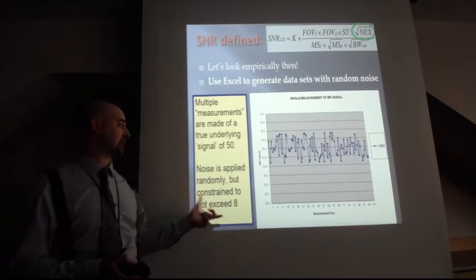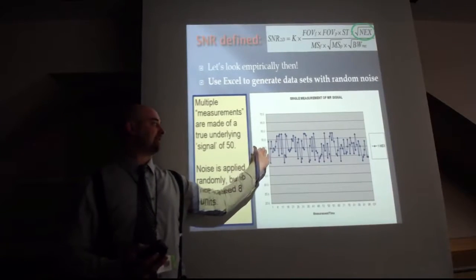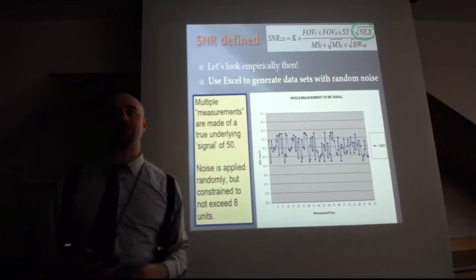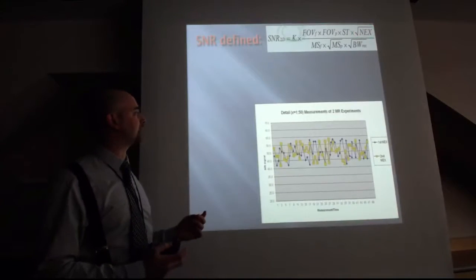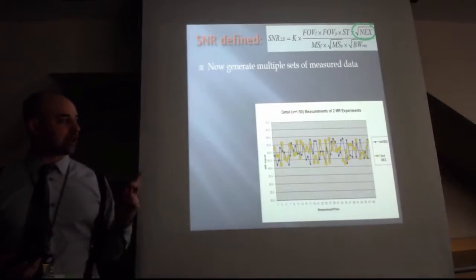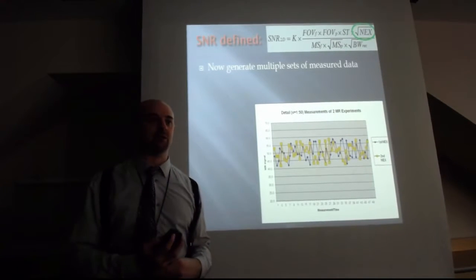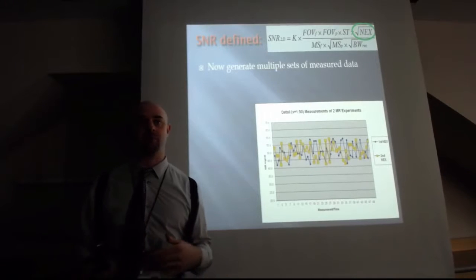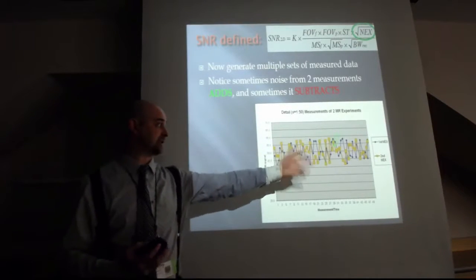We can constrain that so that it doesn't go beyond a certain point. So now I've generated a data set of measurements that are supposed to be 50 but have a random noise fluctuation around them. Now, you can repeat this and generate multiple sets of data, and since the random fluctuations are independent, it just relies on a random number generator, it's going to be like real data.